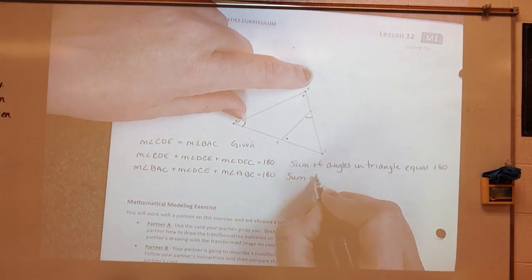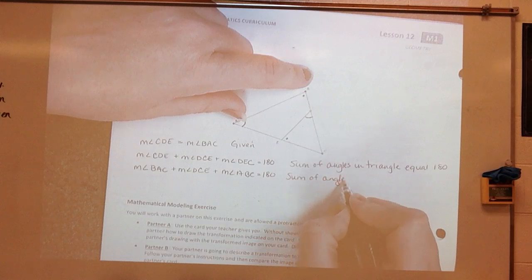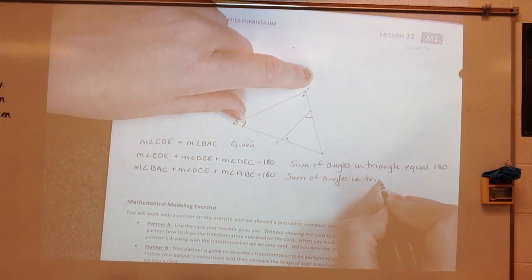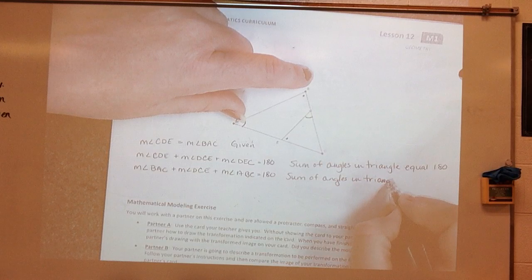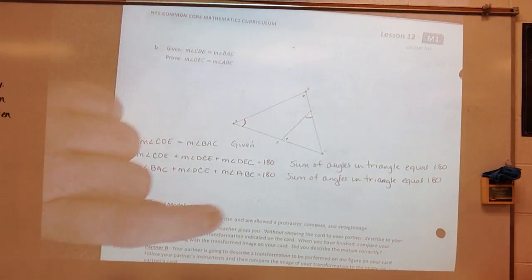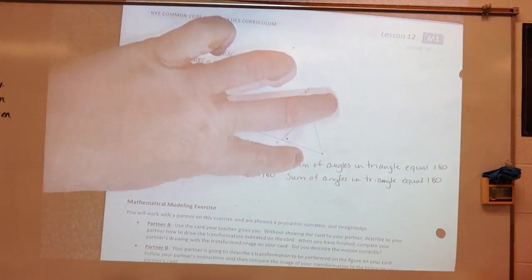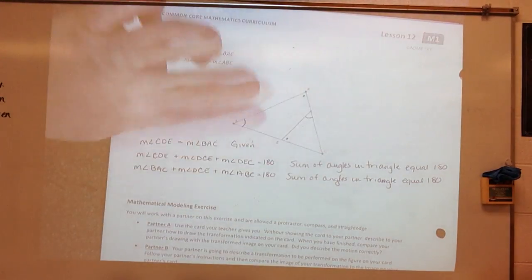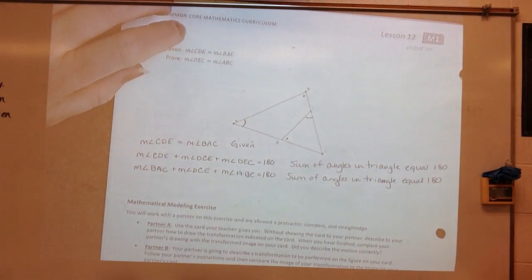Once again, sum of angles in a triangle equal 180. So I know that my small triangle equals 180. I know my big triangle equals 180.